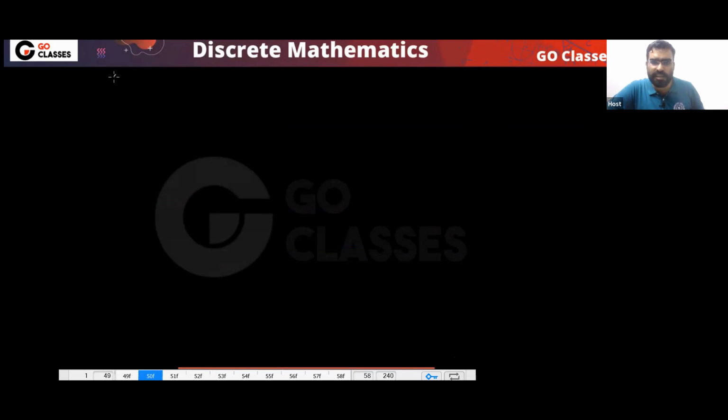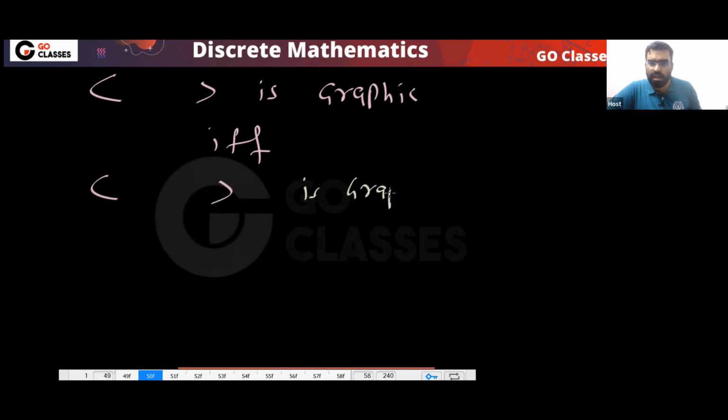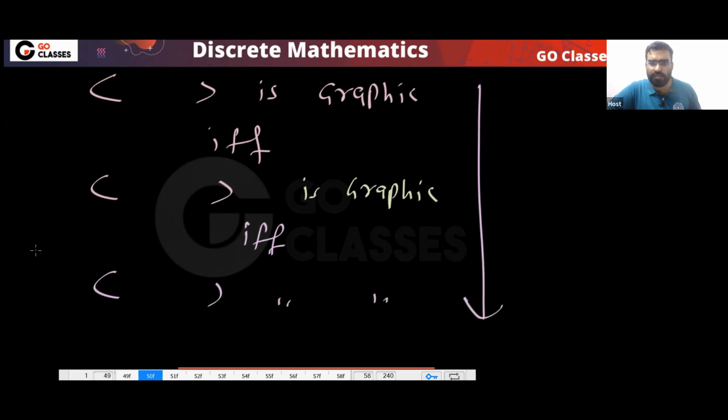This algorithm says that this sequence is graphic if and only if this modified sequence is graphic, and if and only if this new modified sequence is graphic, and so on. This is a recursive algorithm. From this you get a new sequence.